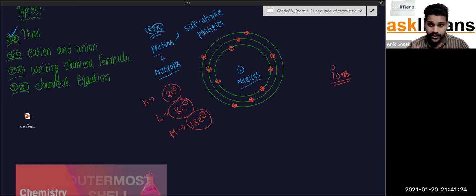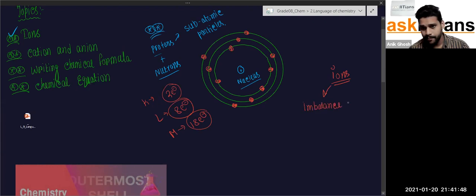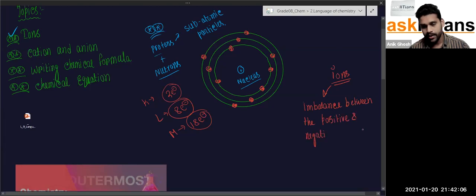Now, coming back to the ions. Now, what are ions? Ions are formed when there is an imbalance between the positive charges and the negative charges inside the atom.